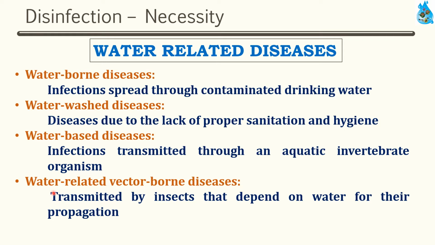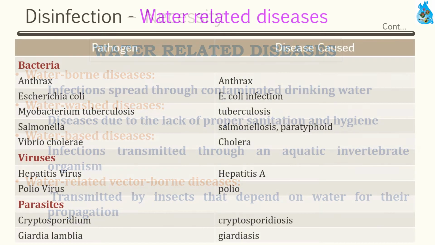And the last one is water-related vector-borne diseases, transmitted by insects that depend on water for their propagation. Maybe like frogs, maybe water snakes. These are a few animals which are normally found in abundance in the vicinity of water bodies, and diseases spread or transmitted through these are called water related vector borne diseases.